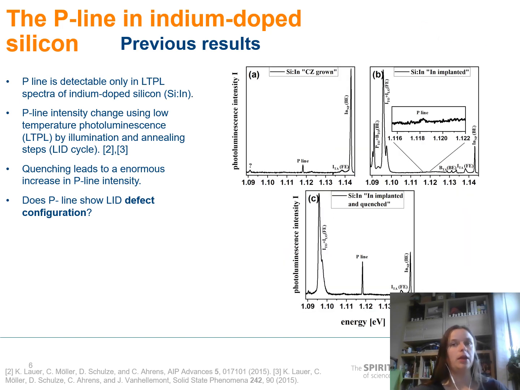The next behavior of the P-line we need for our studies is that quenching leads to an enormous increase in the P-line intensity. Because the P-line intensity in untreated samples is too small for calculating the intensity changes.